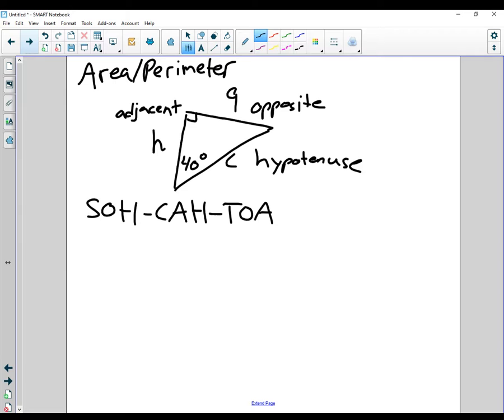So tangent uses opposite and adjacent, which is what we have. We have opposite and we want adjacent. So the tangent of the angle, 40 degrees, equals opposite, which is 9, over adjacent, which is our height that we want.